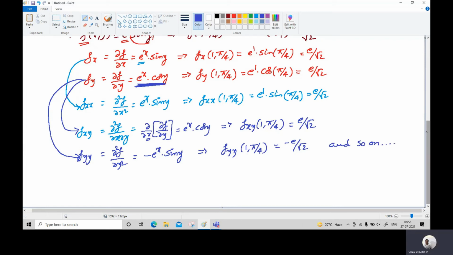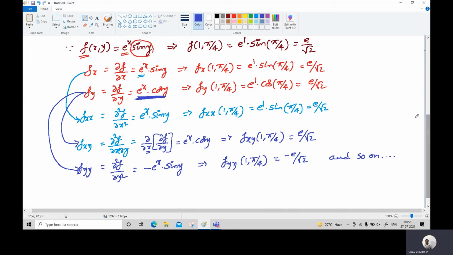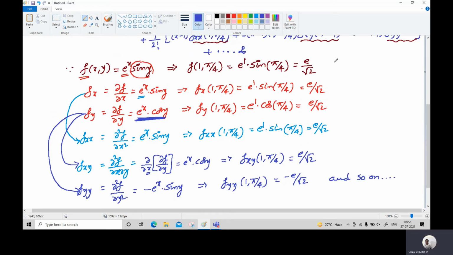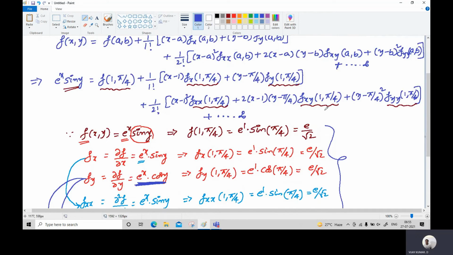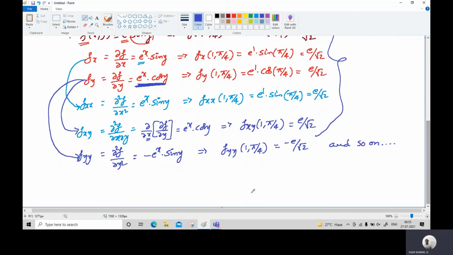Now we have to replace all these derivatives and the function value in the above equation, which is equation number A. So you will get the required expansion.